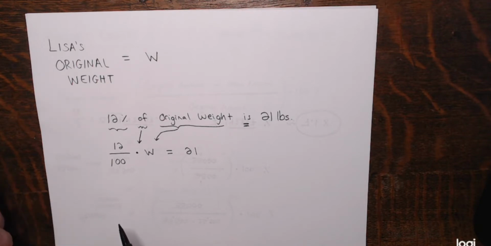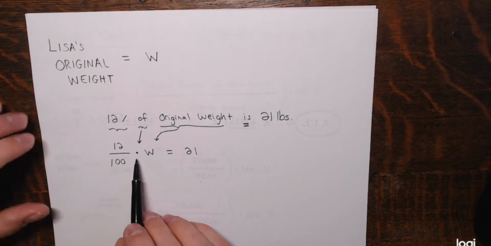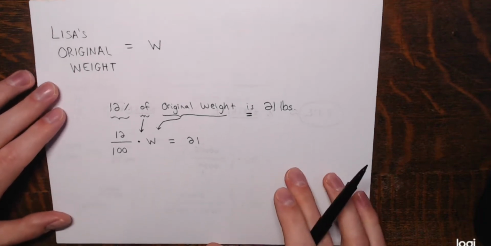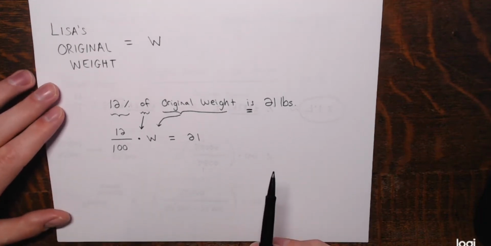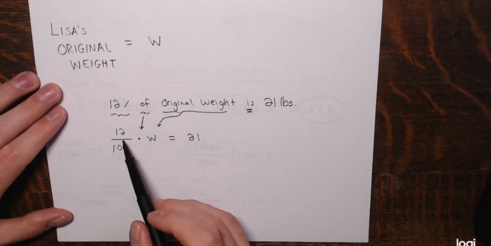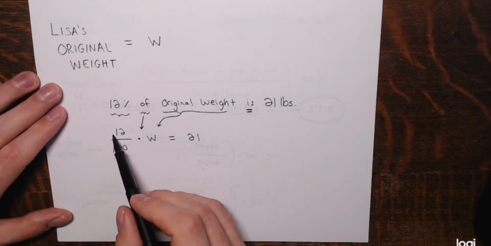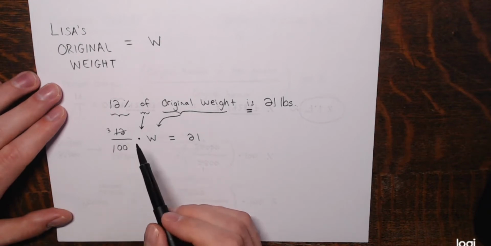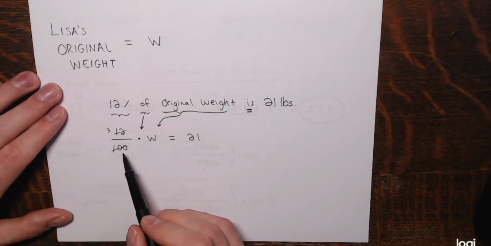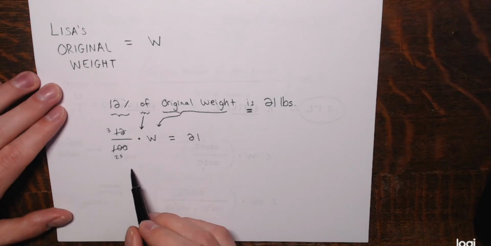So 12/100 times W equals 21. I could simplify this fraction. 4 goes into 12 3 times, and 4 goes into 100 25 times. So 12 hundredths, 12%, is the same thing as 3/25 when you reduce completely.